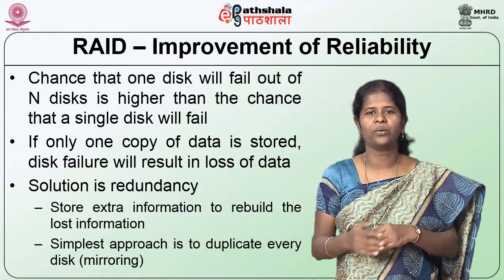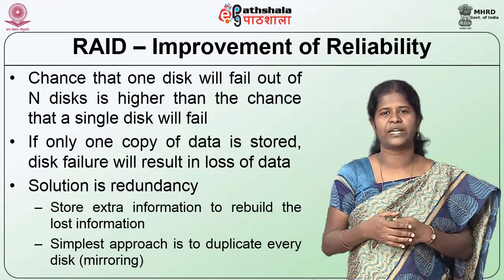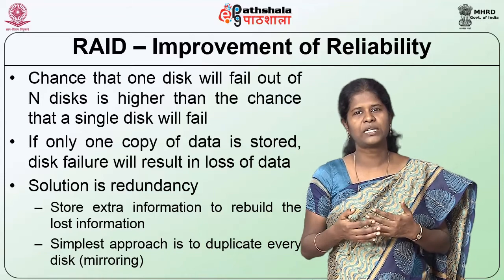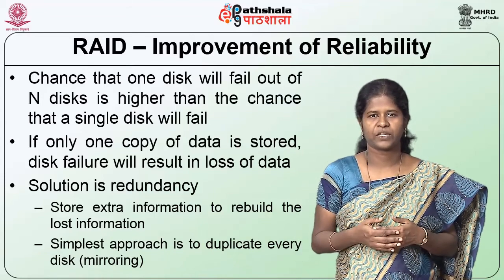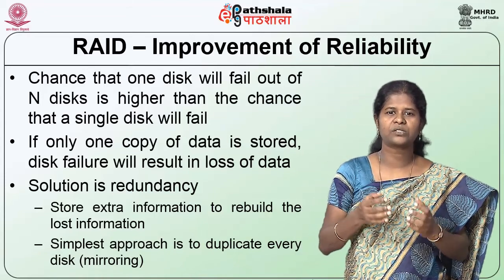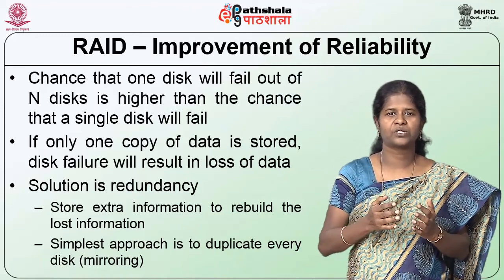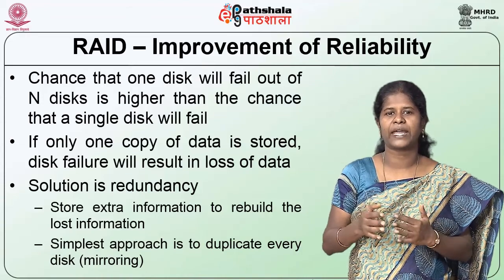How do you avoid this loss of data? You need to go for different solutions, and one such solution is redundancy. What is redundancy? You need to store the information multiple times, or you need to duplicate the information.